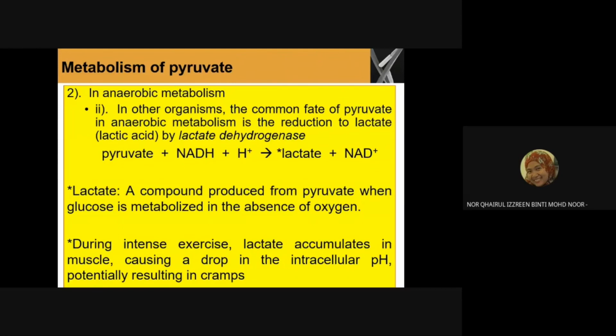What is lactate? Lactate is a compound produced from pyruvate when glucose is metabolized in the absence of oxygen. During intense exercise, lactate can accumulate in the muscle, so the intracellular pH in the muscle drops, and sometimes when we feel cramps, that is what happens.